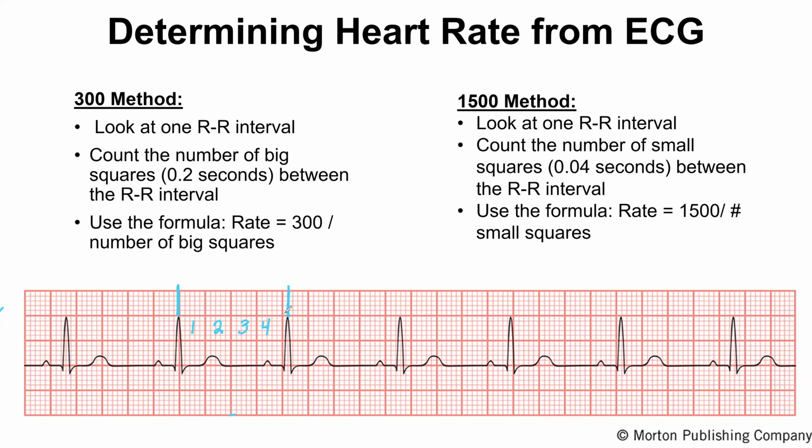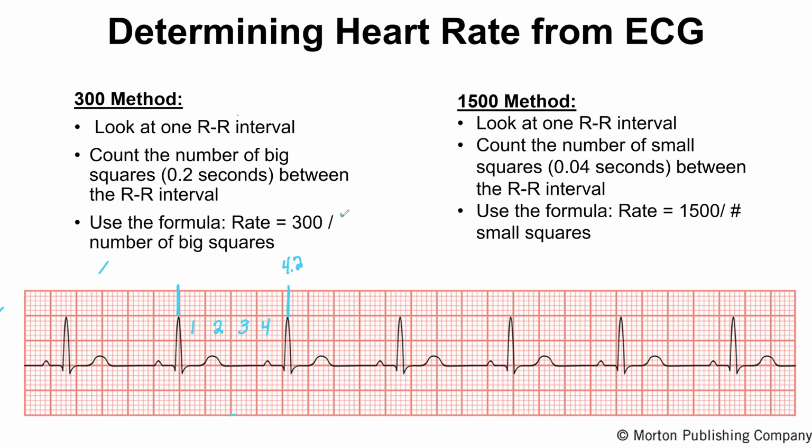So we'll say 4.2, right? Because 0.2, 0.4, 0.6, 0.8, and 1. So we're saying 4.2 big squares.